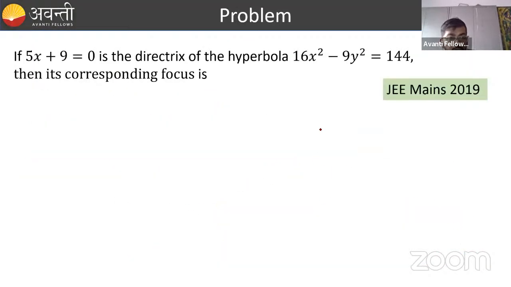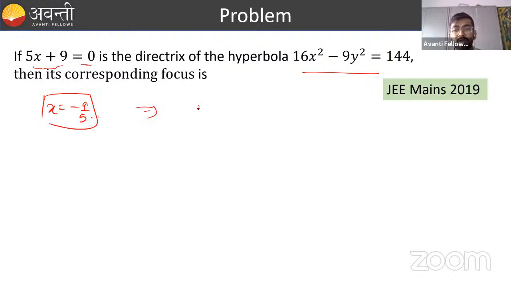So let's solve another question. The problem here is: if 5x plus 9 equals 0 is the directrix of the hyperbola, then what is its corresponding focus? So first of all, x equals minus 9 by 5 is the directrix. The hyperbola is given by x square upon 9 minus y square upon 16 equals 1.